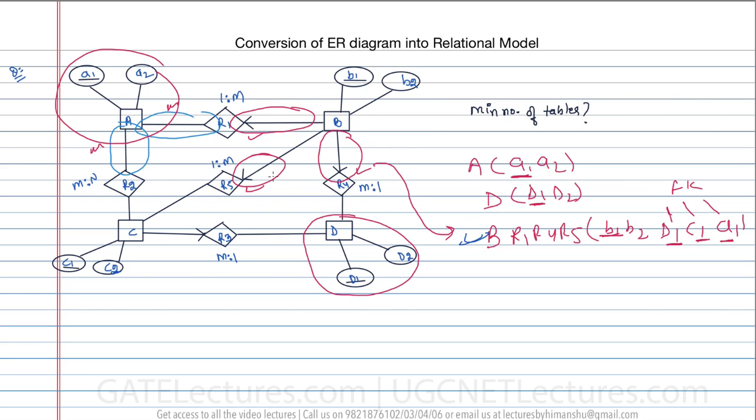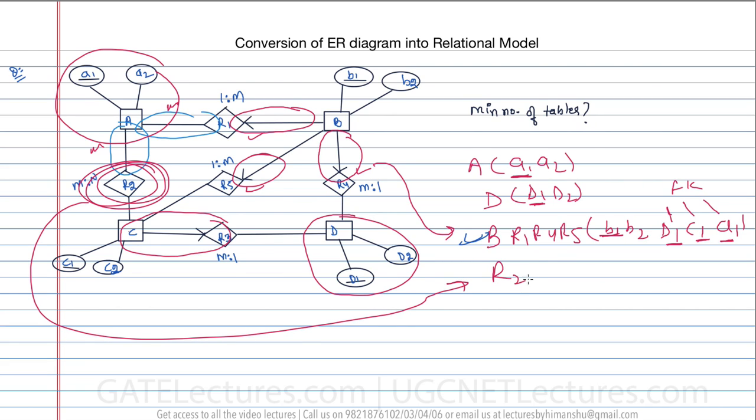Now if you discuss this C, there's something interesting with C: it is only having the maximum cardinality as 1 in this direction, but with R2 it is not having the maximum cardinality as 1. Therefore for this R2, because it is many to many, we have to create a relation which is containing A1 and C1.